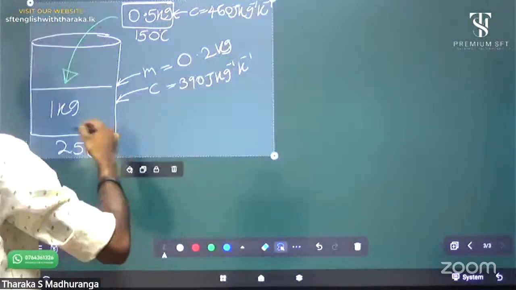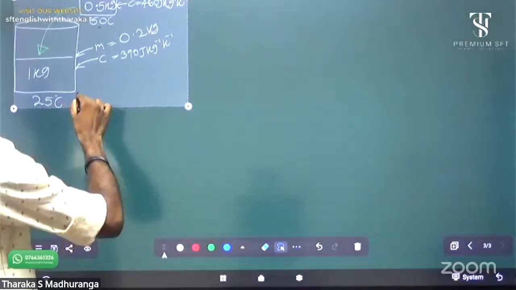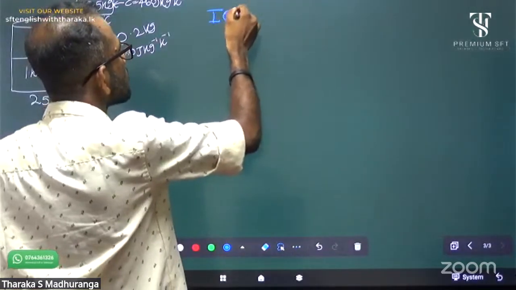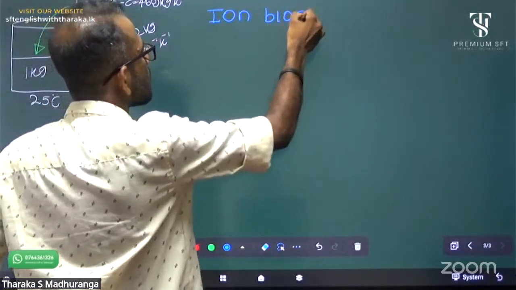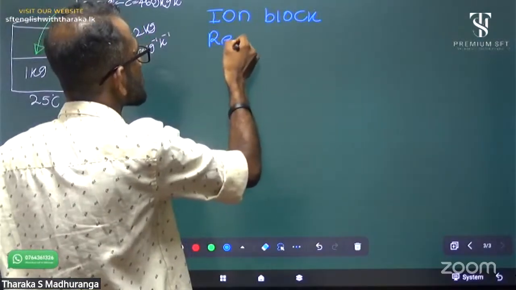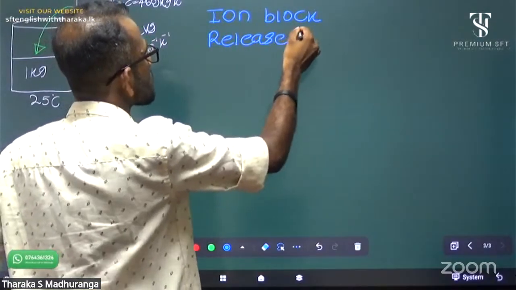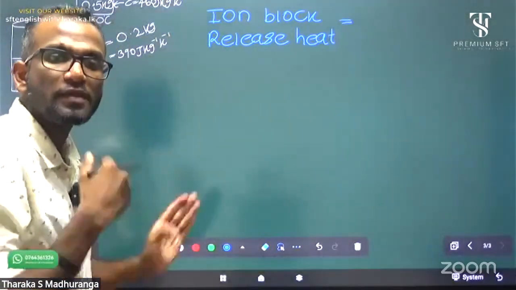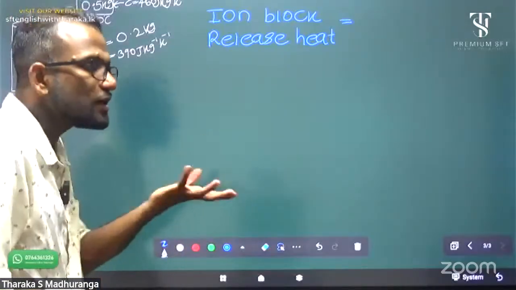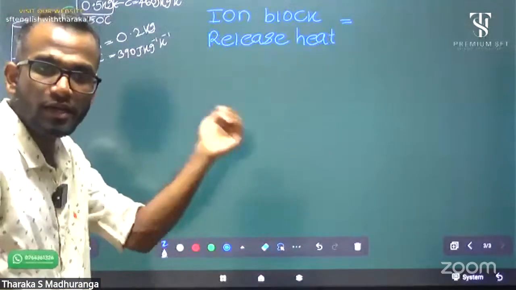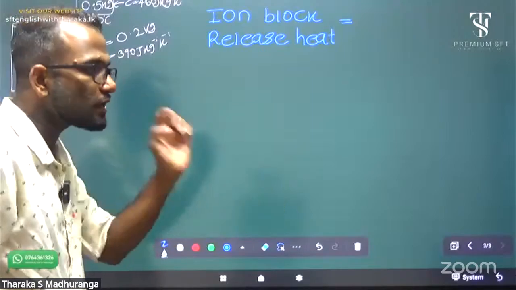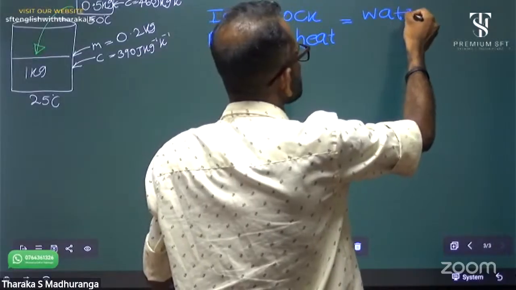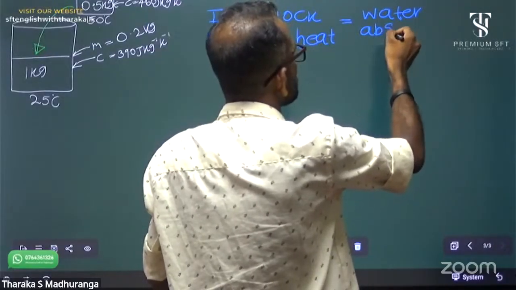According to the mixture method, the iron block's released heat equals the water's absorbed heat plus the container's absorbed heat, because according to this question the container's specific heat capacity is also given, so the container also absorbs some heat.